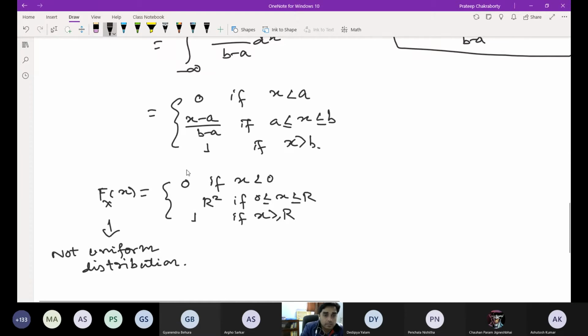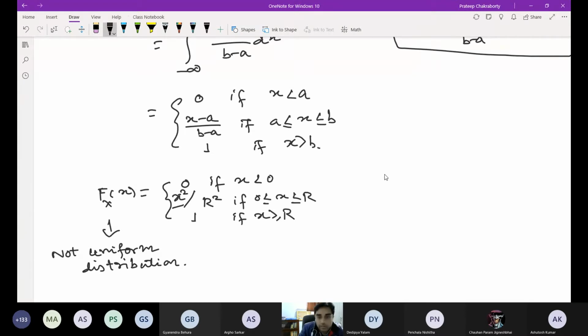You are taking a point randomly from that disk of radius r, and the variable here is the distance of that point you have chosen from the origin. This is not a uniform density function because of the x square part.